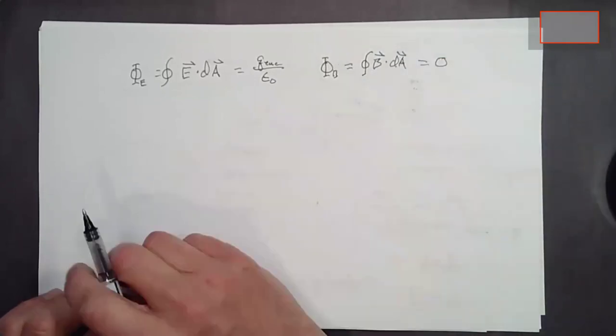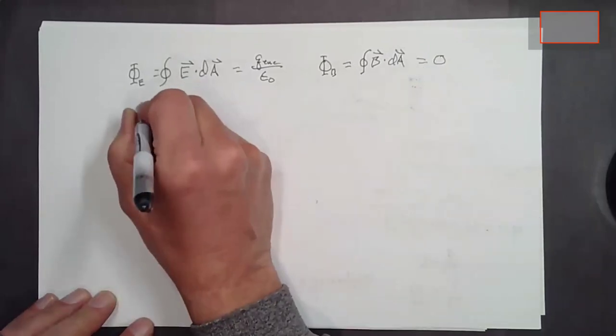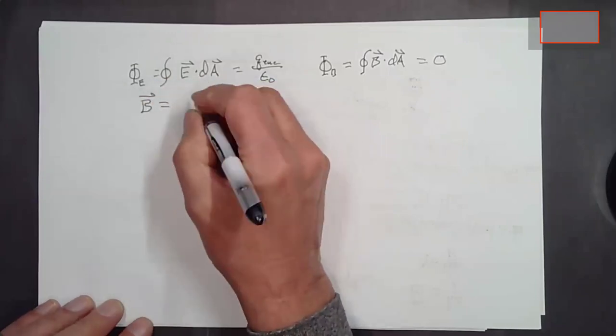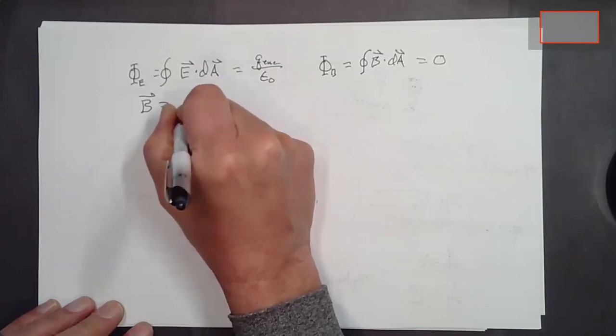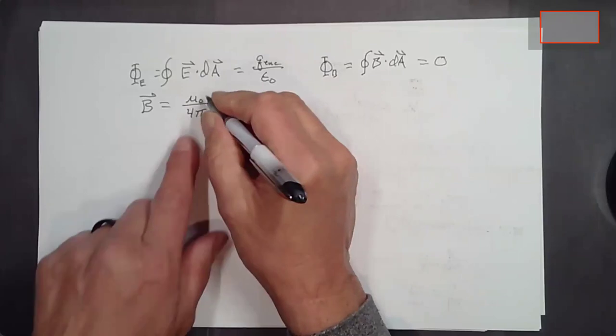However, the magnetic field of a moving point charge, we can do something about. For a point charge, it would be, and this is a little bit of a weird expression, mu naught over 4 pi.